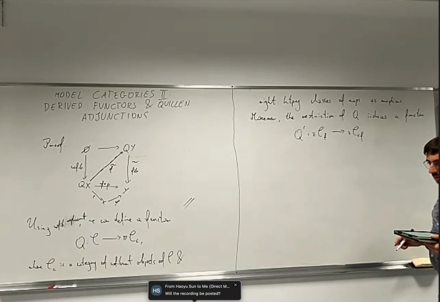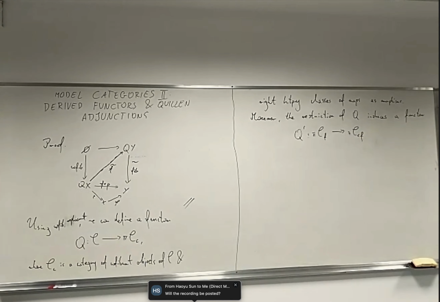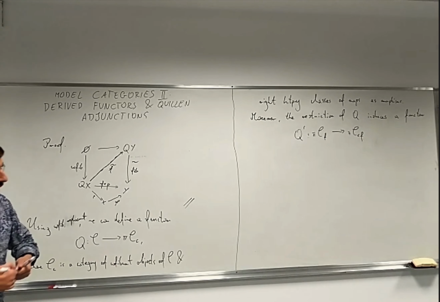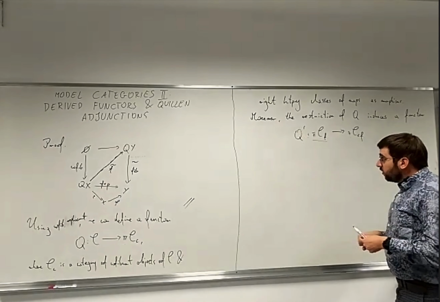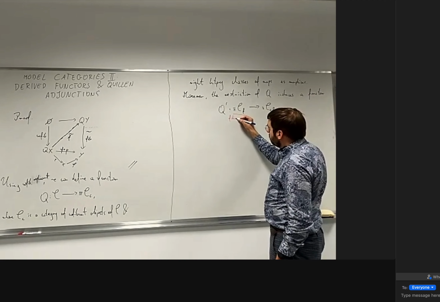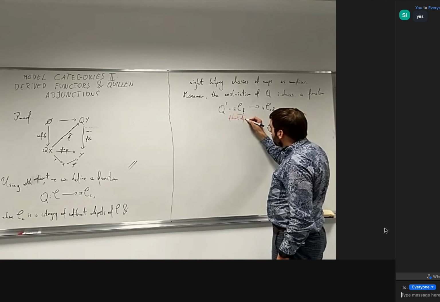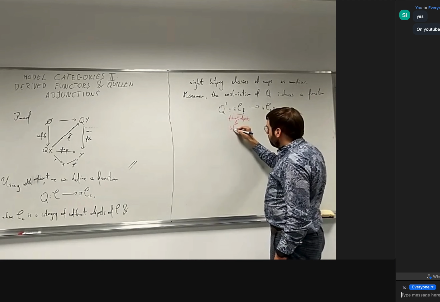So I need also to tell you what these categories are. This one over here is the category of fibrant objects and left homotopy classes of maps.